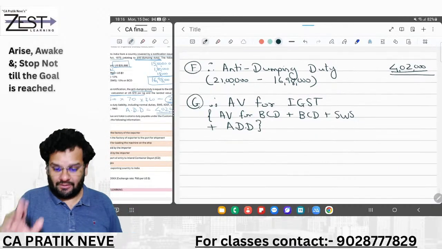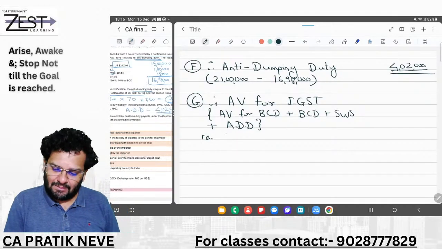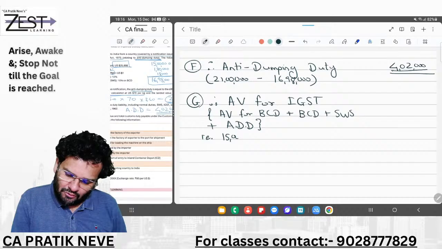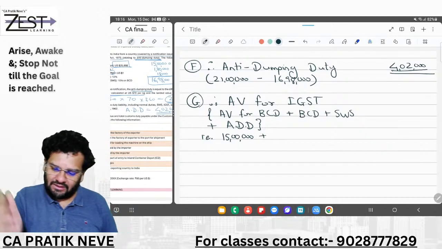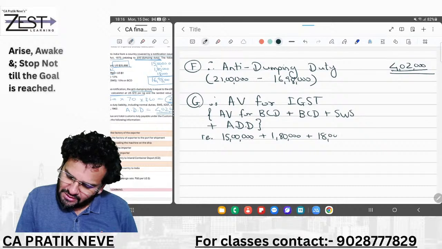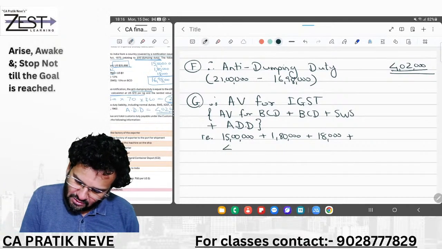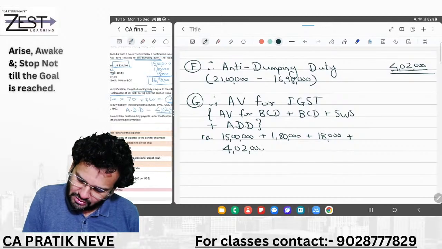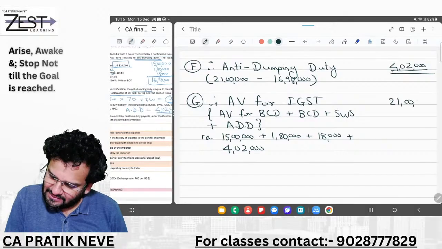The assessable value for BCD was 15 lakh, BCD was 1,80,000, SWS was 18,000, plus anti-dumping duty of 4,02,000. So aren't you getting, friends, 21 lakhs?